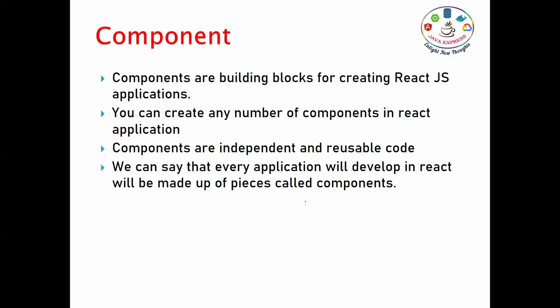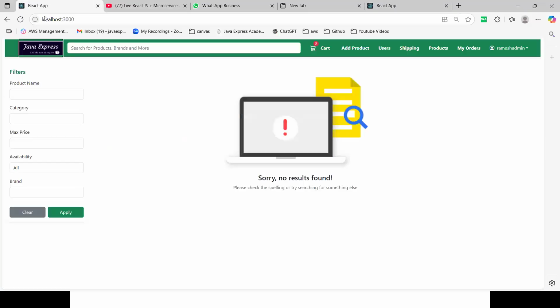Now, a component is basically a building block for creating React UI applications. If you visit our website and look at the left-hand side, you are able to see some UI: product name, category, maximum price, brand. This is one component.